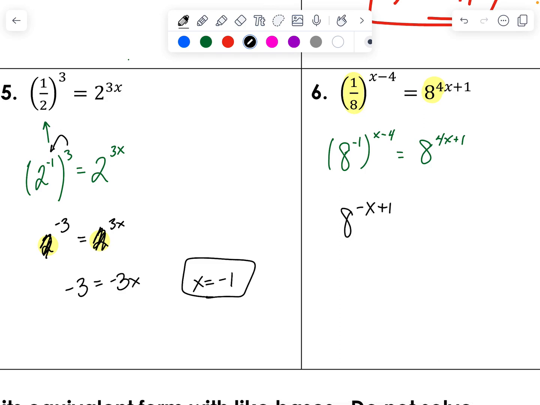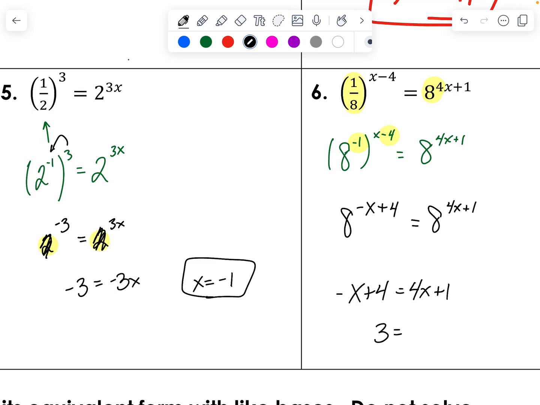All right, I'm going to use black just to avoid any red-green issues here. So this would be 8 to the negative x plus 4. Remember, negative times negative equals a positive 4 there. Equals 8 to the 4x plus 1.